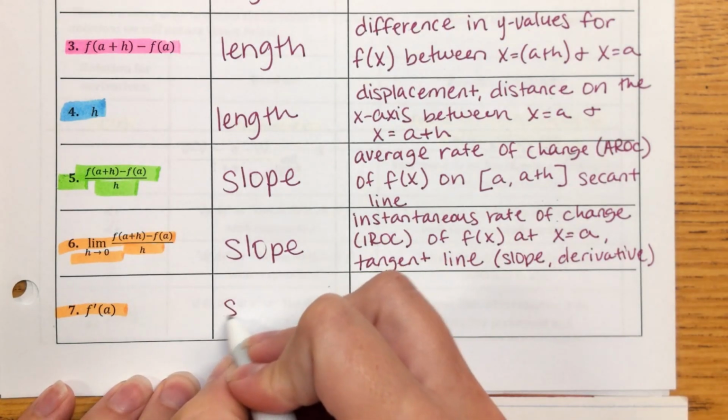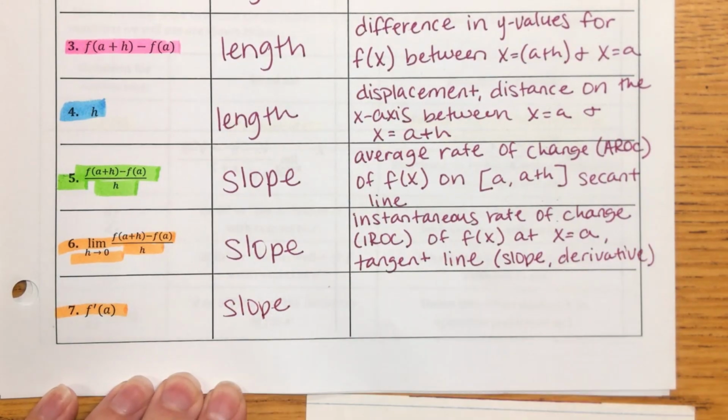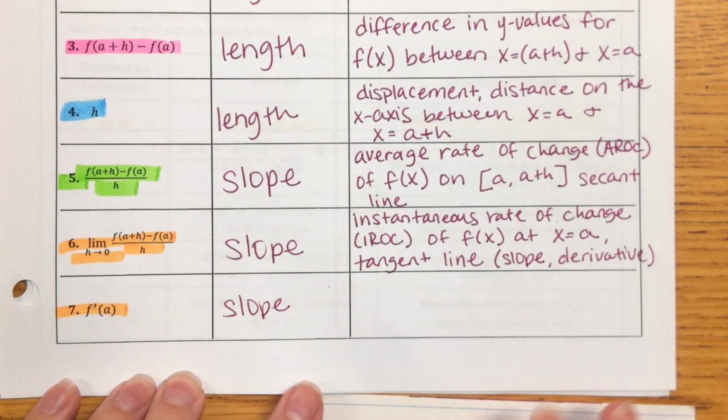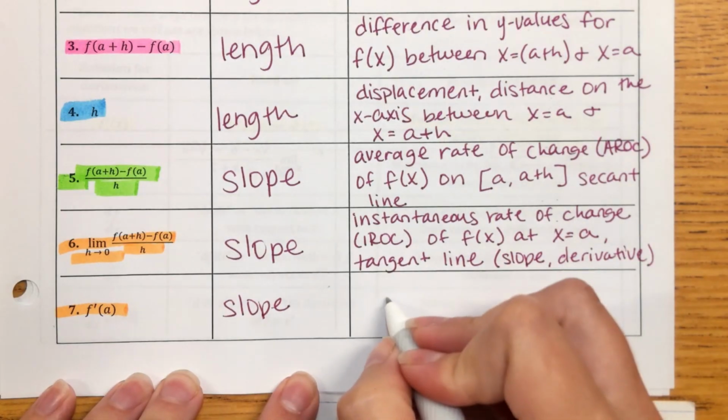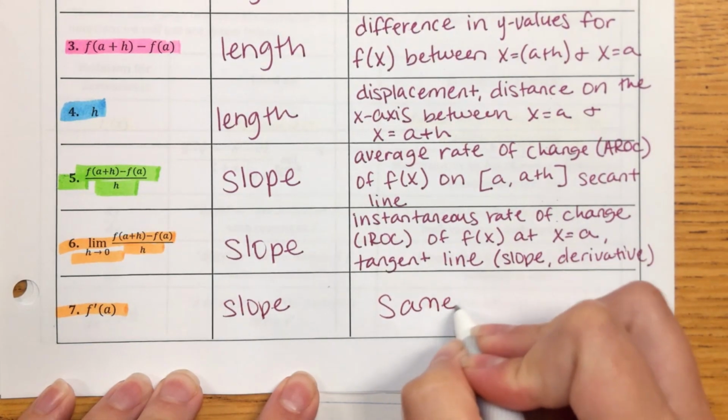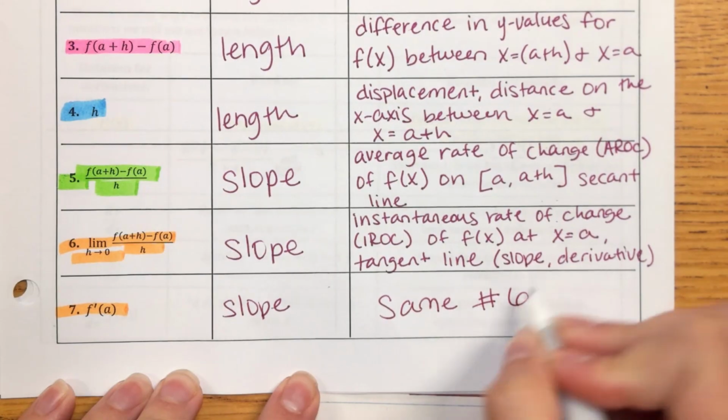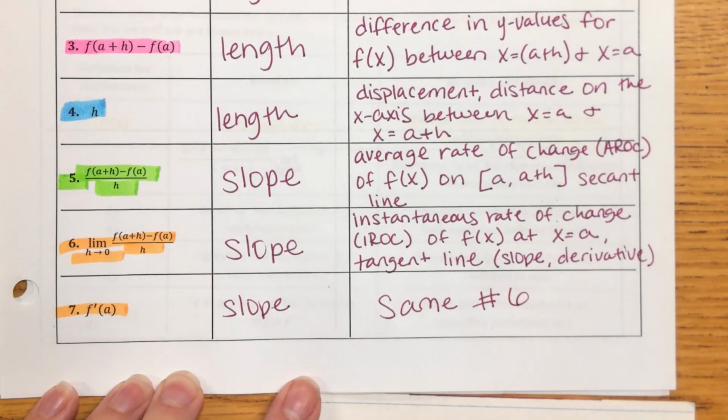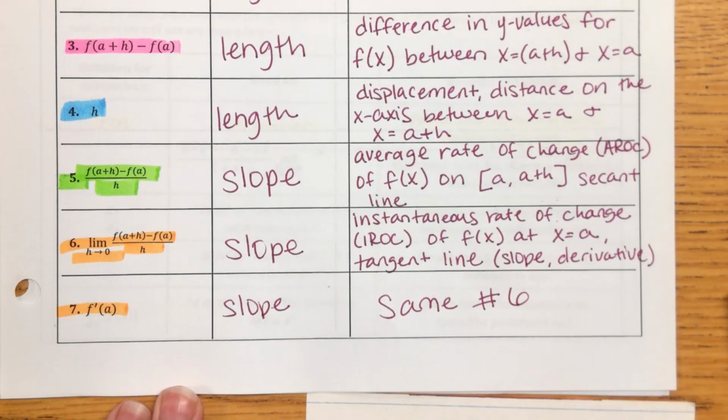This is the proper way to write the derivative, and it is the same thing as what we were doing in our first lesson. It's the slope of the tangent line at a specific point on a function.